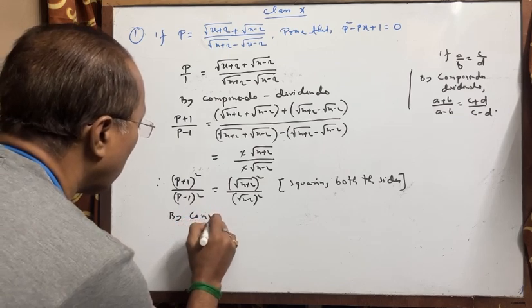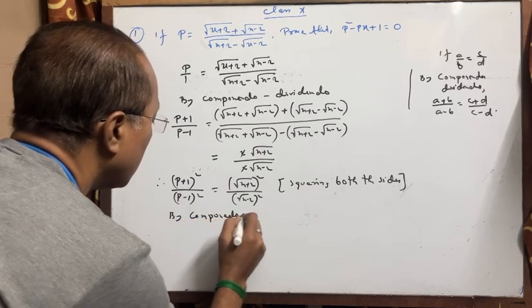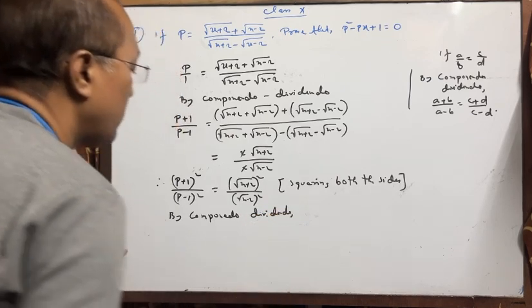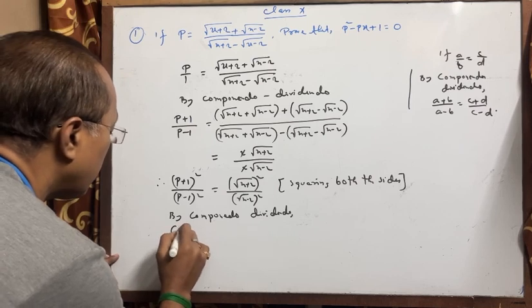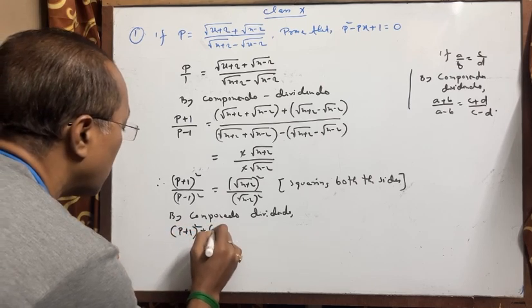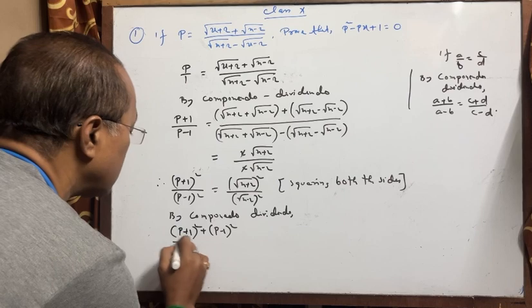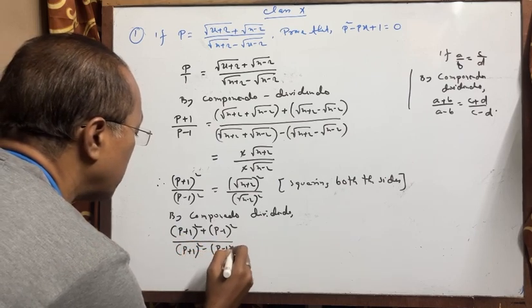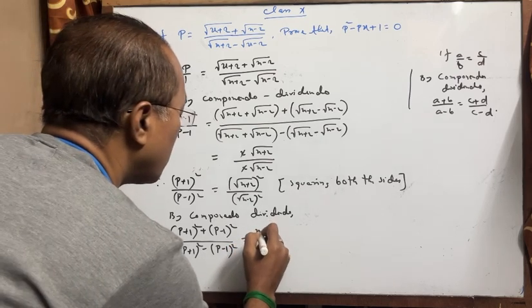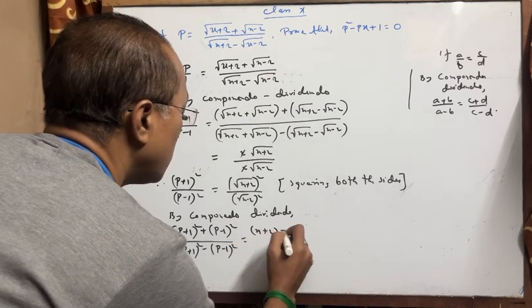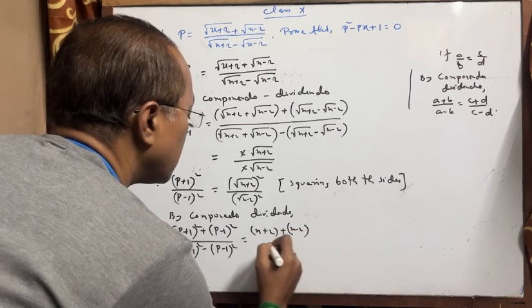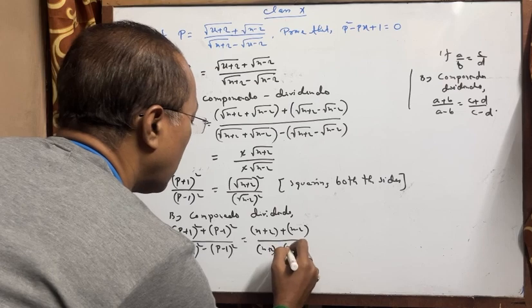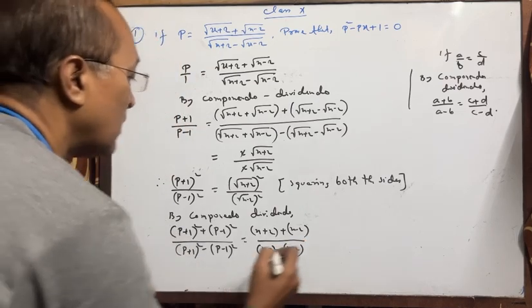By componendo dividendo, we can write p plus 1 whole square plus p minus 1 whole square by p plus 1 whole square minus p minus 1 whole square is equal to x plus 2 plus x minus 2 by x plus 2 minus x minus 2.